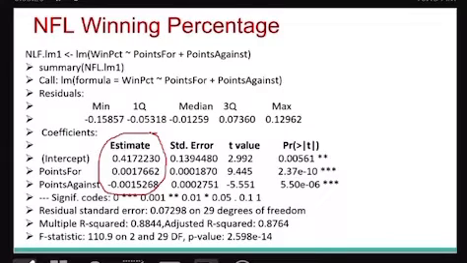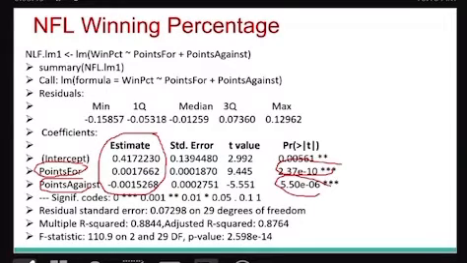If you want to know the significance of points for, I'm going to look at the p-value. What is the significance of points against? I'm going to look at the p-value. You can see individually each of these has a statistically significant contribution to the winning percentage.